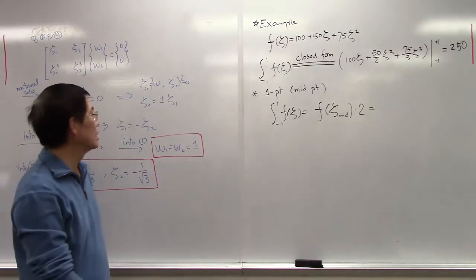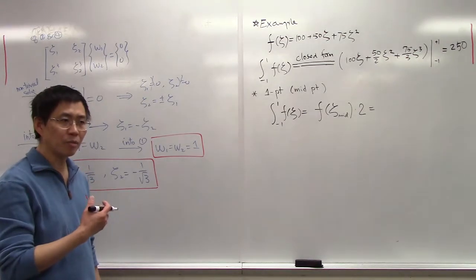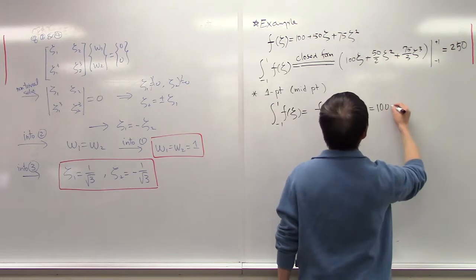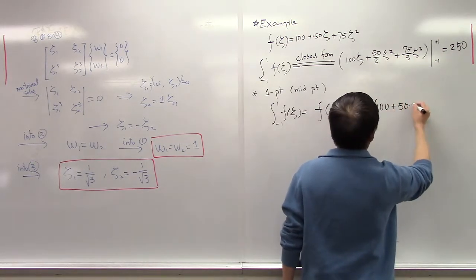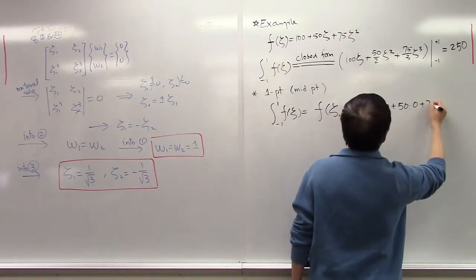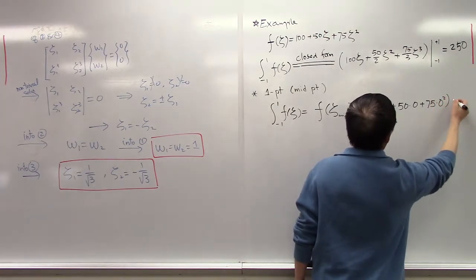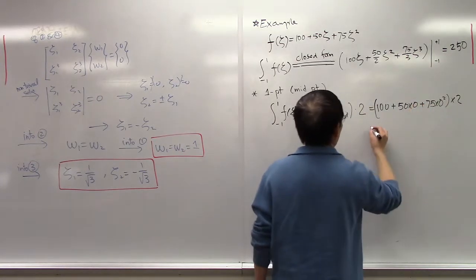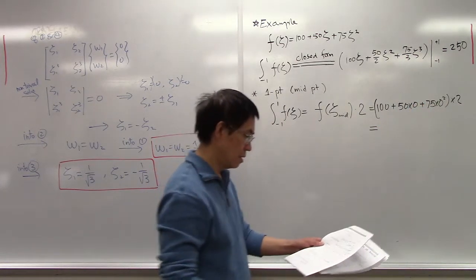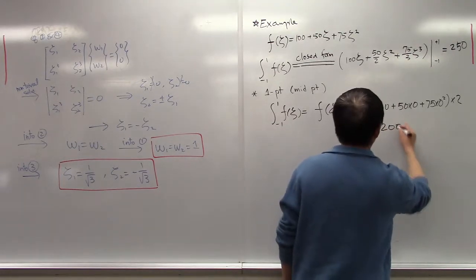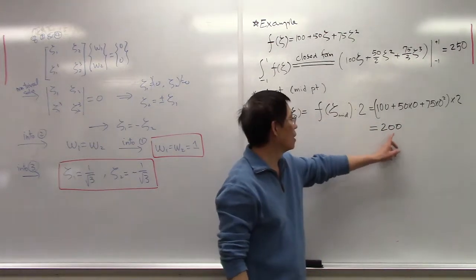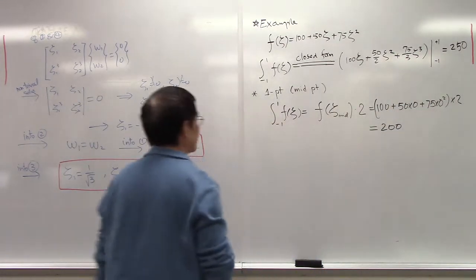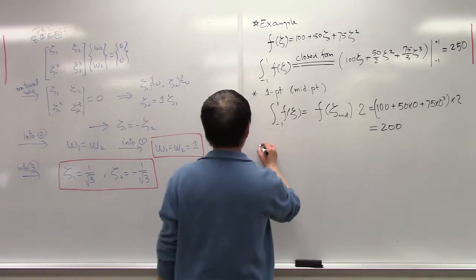The midpoint between -1 and 1 is 0. So we put 0 here. It's 100 plus 50 times 0 plus 75 times 0 squared, then times 2. At the end, this gives us 200. And of course, this is different from that, so it's only an approximate solution. It's about 25% error.